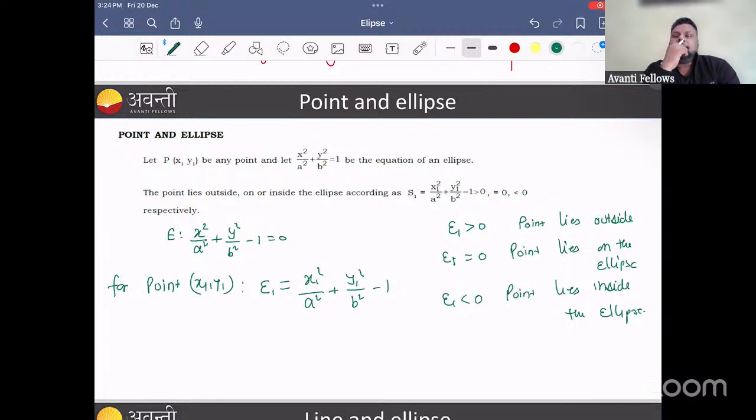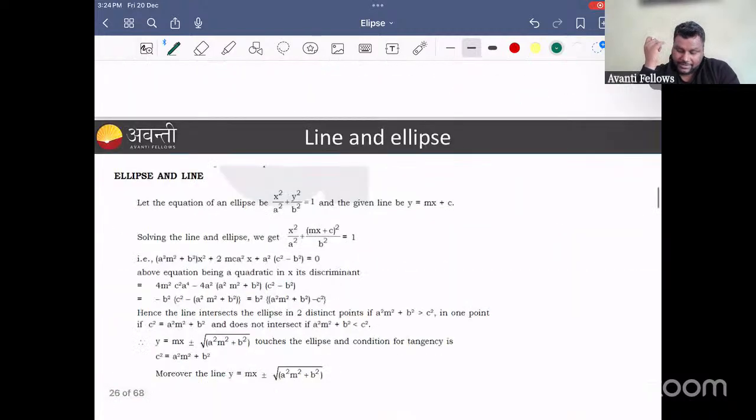Am I clear? So this is how the position of a point relative to the ellipse works. Got it?